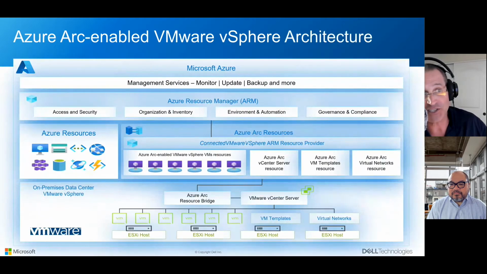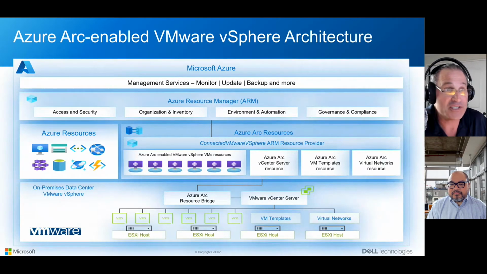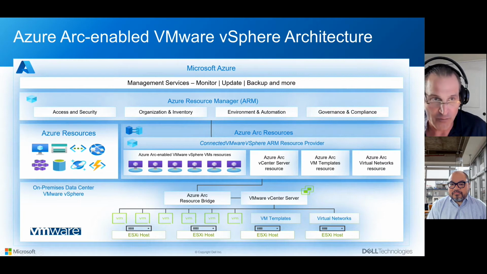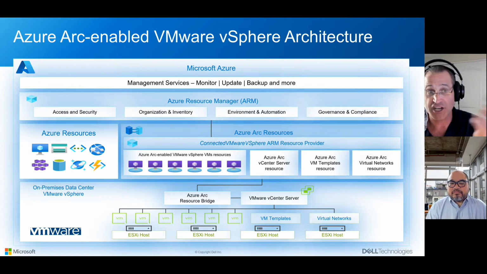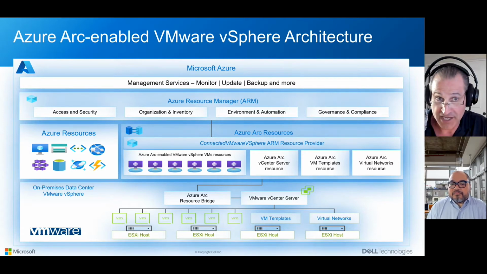So how does this all work? Well, down here at the bottom third, we have this Azure Arc resource bridge, and you'll see what that is. It's nothing more than an OVA that deploys down to vCenter. When you first build this resource bridge, or when you first hook up your ESXi host, you go to the Azure portal, you put in your vCenter credentials, very simple, and what's generated is some PowerShell.